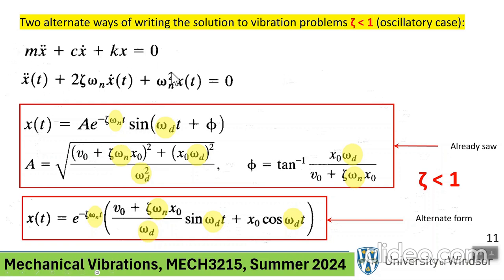Two forms of the solution to this equation if the damping ratio is less than 1, or an underdamped system. So let's move on. And keep in mind that both of these, omega d and omega n, appear here.